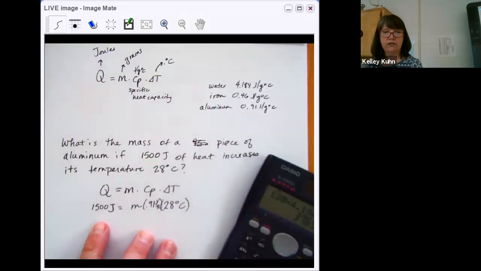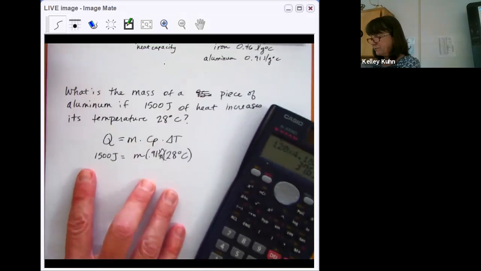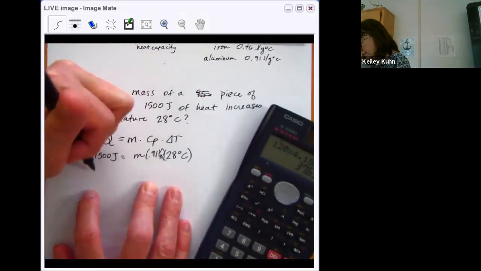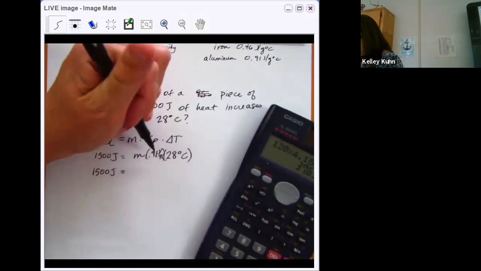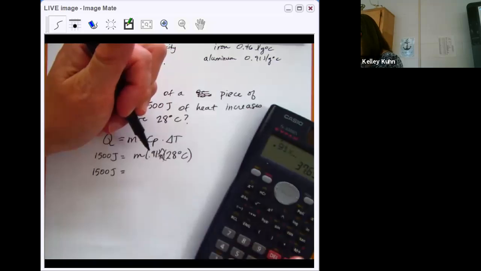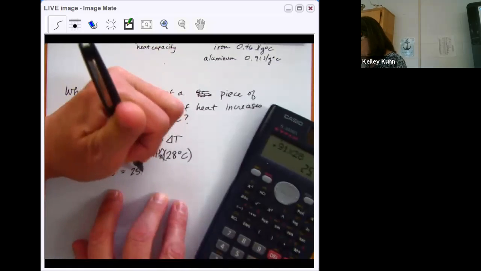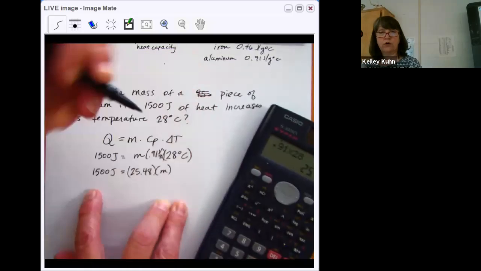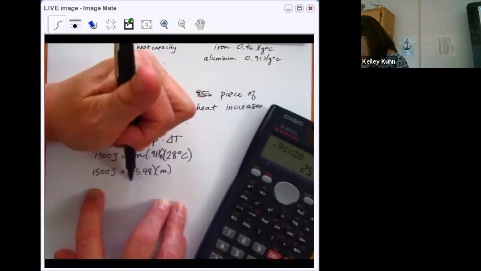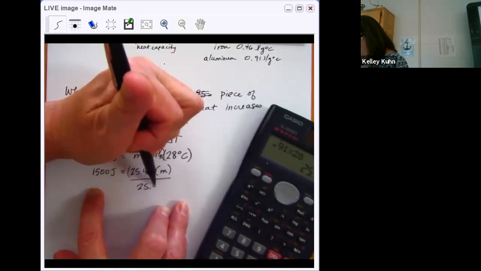And now I'm ready to isolate my variable, which in this case is M. So I'm going to simplify each side first. So 0.91 times 28 is 25.48 times my M. And then of course, to get the M by itself, I'll simply divide both sides by that 25.48.